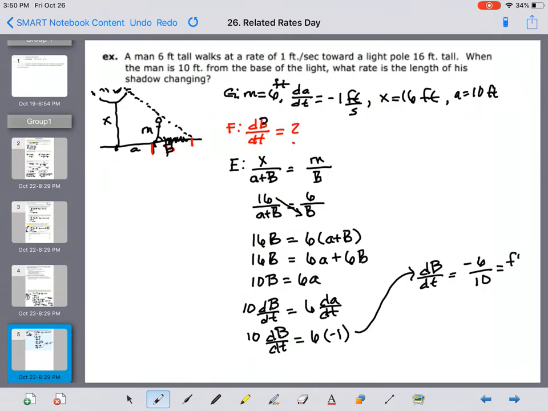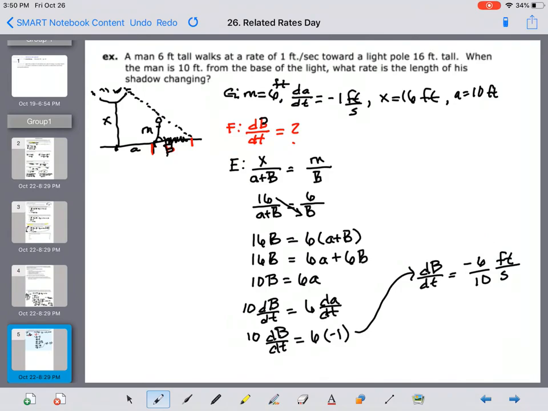So dB/dt is equal to -6 feet, because our length is measured in feet, and then our time was measured in seconds.